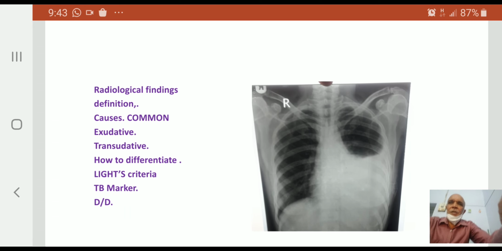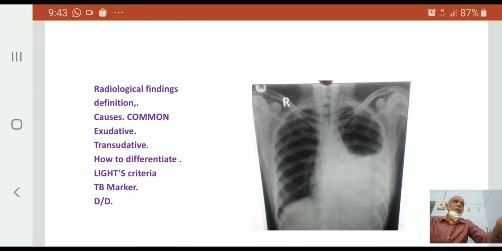Now we will see the focus on the X-ray: the radiological findings, then definition, causes.